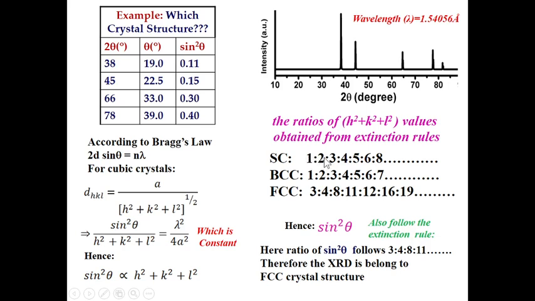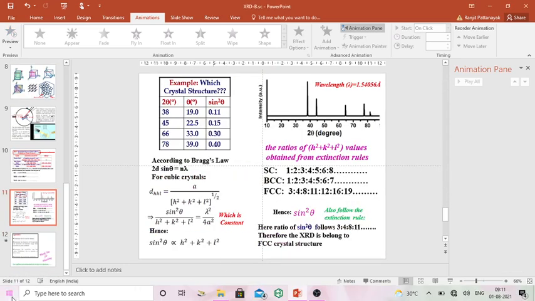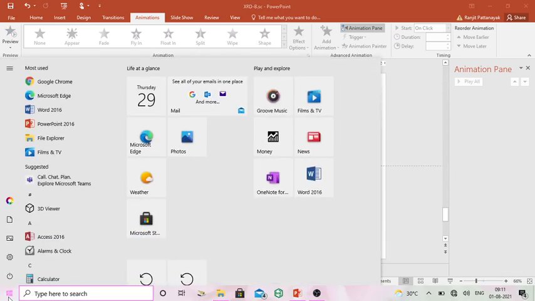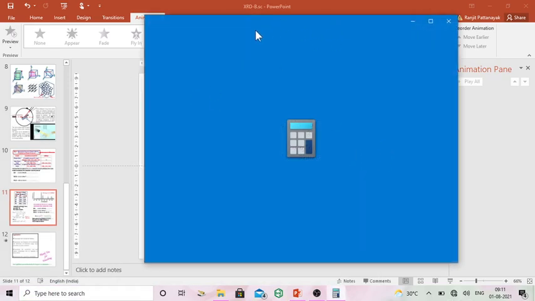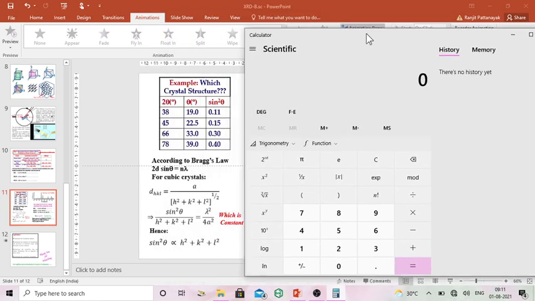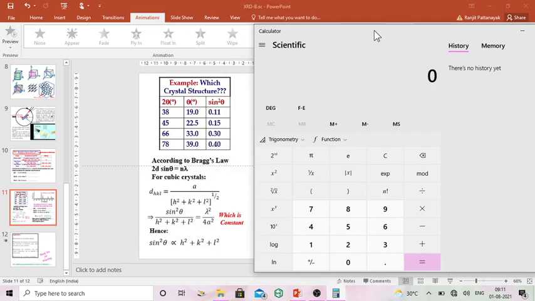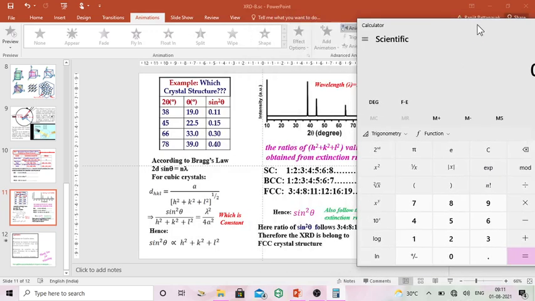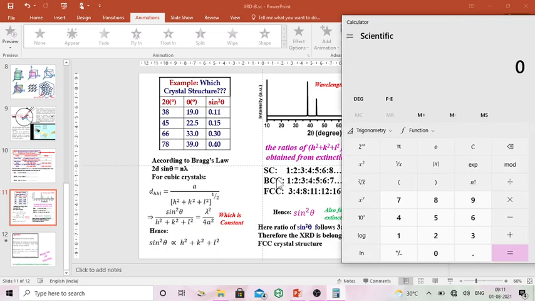Here we are going to consider sin²θ using your calculator. For simple cubic, the first ratio is 1 by 2, so 1 divided by 2, that means it has to give 0.5.